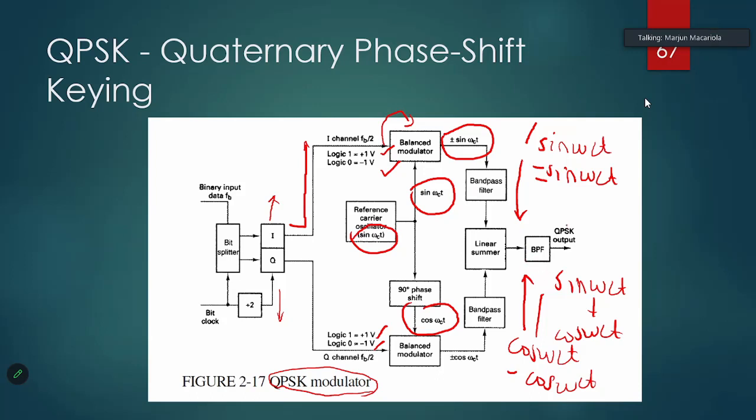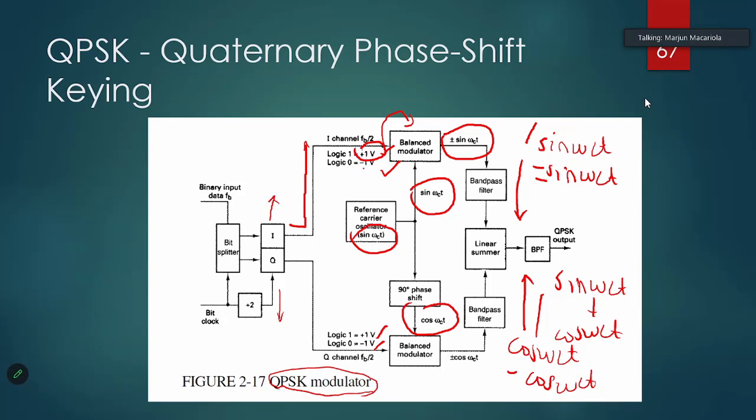Okay? Nagets po ba? Sir, may question lang po. Go! Paano po namin madidetermine kung aling logic po yung gagamitin namin? Halimbawa po dito sa I channel, alin po sa logic 1 or logic 0 yung gagamitin namin para makuha ang positive, negative? Hindi obvious naman. So, logic 0, ang gagamitin mo ay positive 1 para makuha si positive sine.